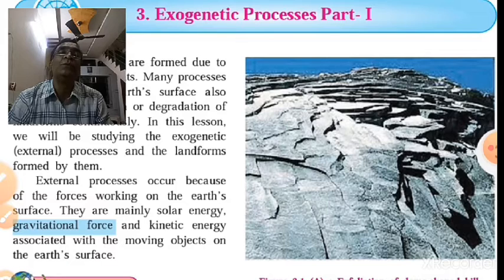The exogenetic processes are the processes which occur on the surface of the Earth. These external processes occur because there are certain forces at work. Those forces are solar energy, number one, gravitational force, number two, and the third is kinetic energy, right?